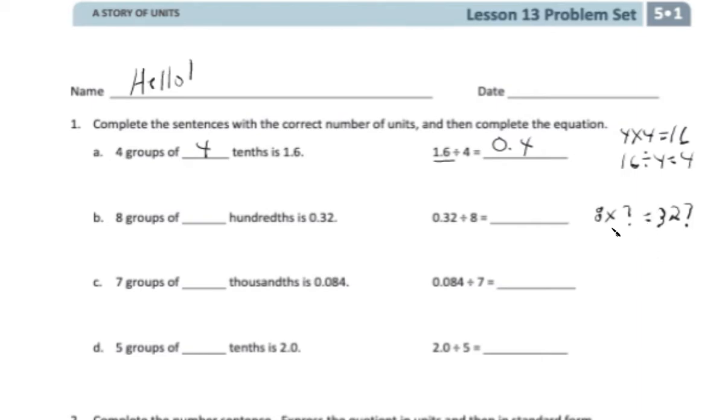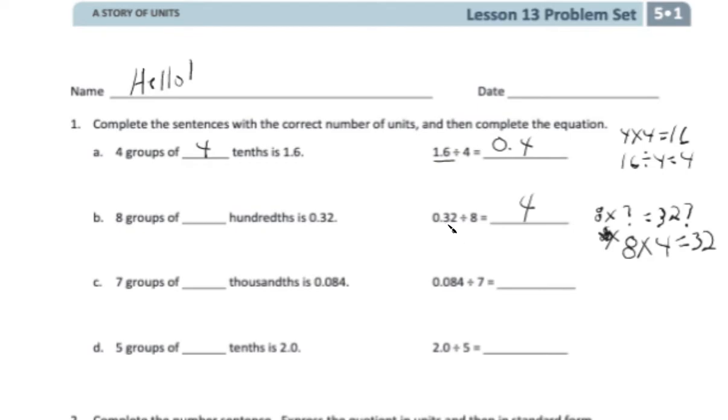Well, 8 times, so frustrating. Wait a minute, let me write bigger. Maybe that works better. 8 times 4, that's equal to 32, isn't it? So then 32 divided by 8 has to be 4.